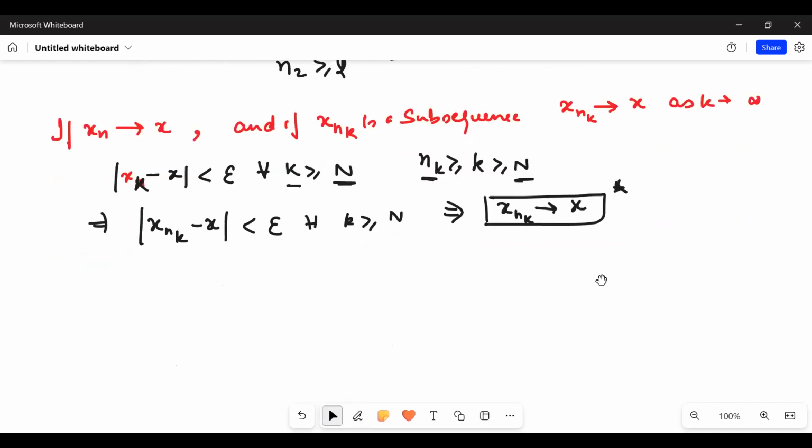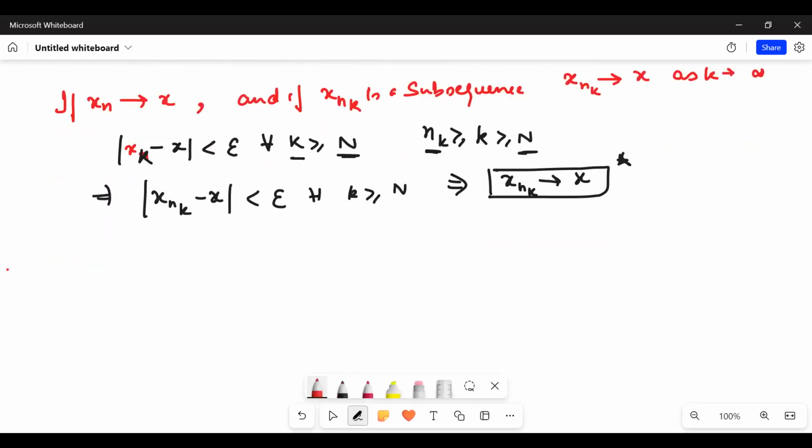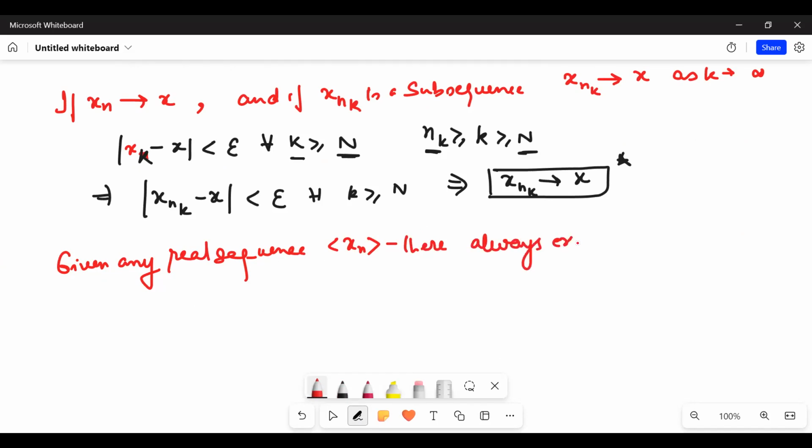One more important result that you should keep in mind is that, given any real sequence xn, there always exists a monotone subsequence. It is an important concept.